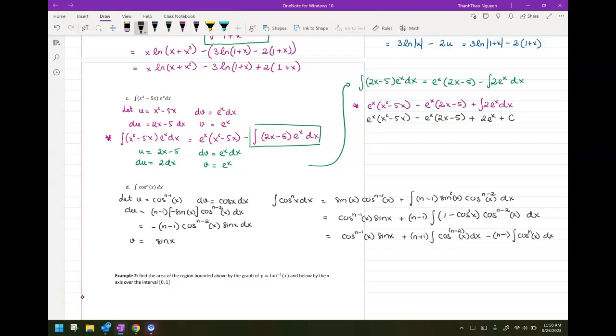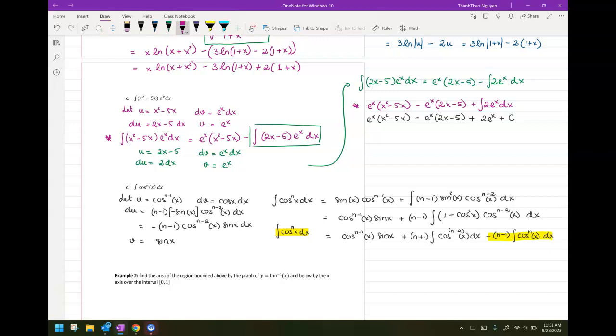So I'll just go ahead and bring the integral of cosine to the n of x dx down. So note that here I have a like term. I will go ahead and add the term n minus 1 times the integral of cosine to the n of x dx to both sides.